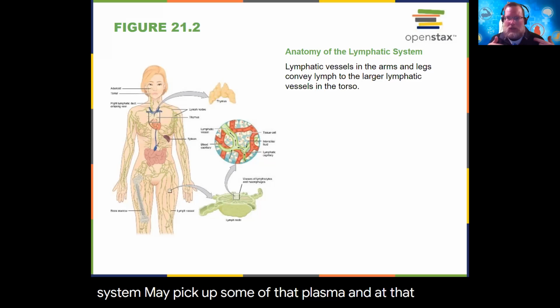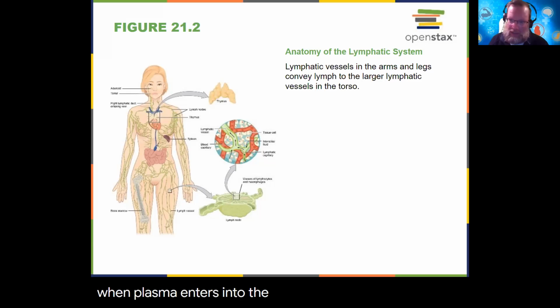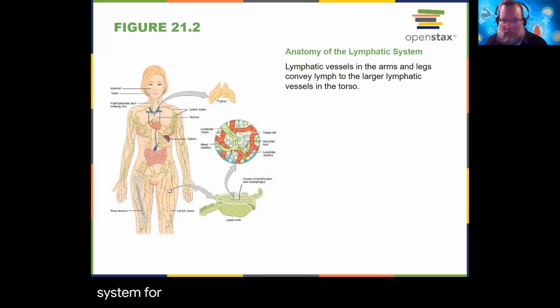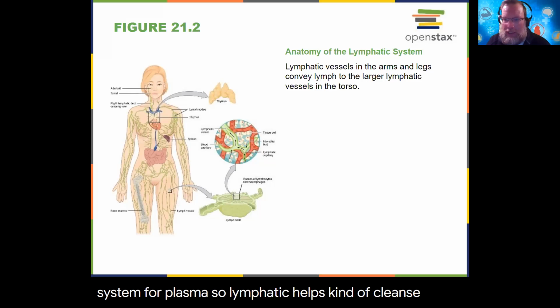And at that point, when plasma enters into the lymphatic system, it's now called lymph. So the lymphatic system is kind of like a side helper filtration system for plasma. Okay, so the lymphatic system helps cleanse or clean plasma.